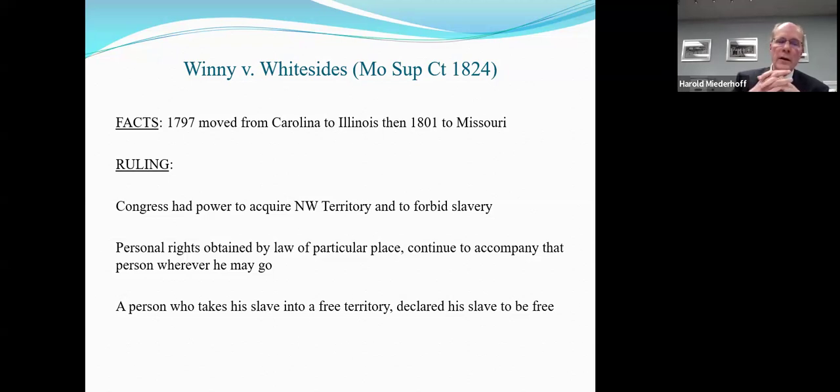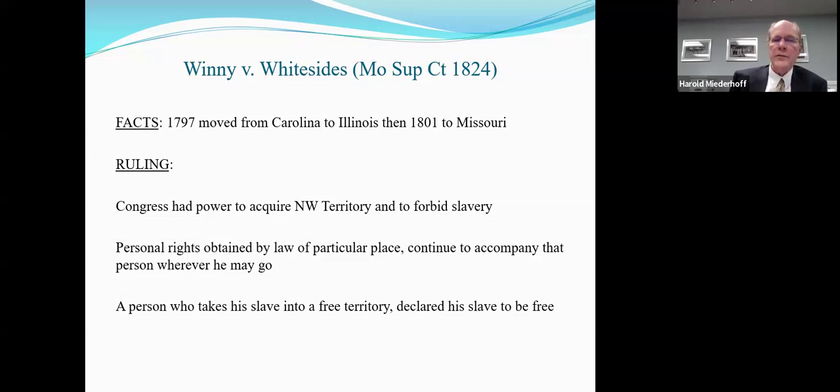So what the court did was basically say that Illinois at the time wasn't a state, so it didn't have its own constitution, but it was part of the Northwest Territory, and the Northwest Territory's ordinance clearly said that slavery was forbidden. The court ruled that if the owner had established the residency in the Northwest Territory, in a free territory, then the individual would be a free person.